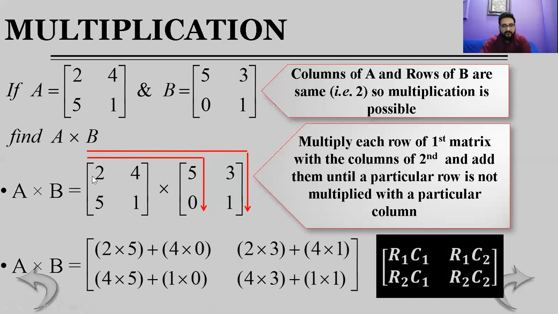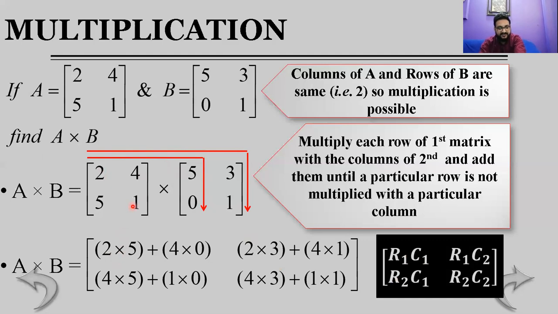Now see, by using this formula, R1 multiplied by C1. So you can see this 2 5s are 2 multiplied by 5. The sign is positive in between because there is no sign in between.